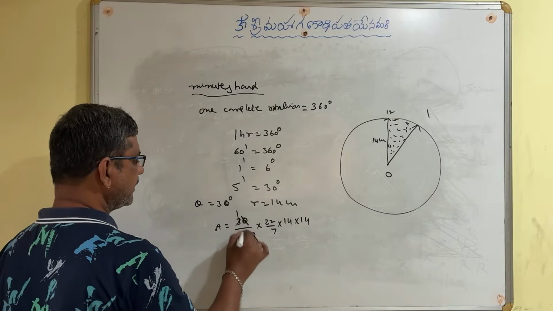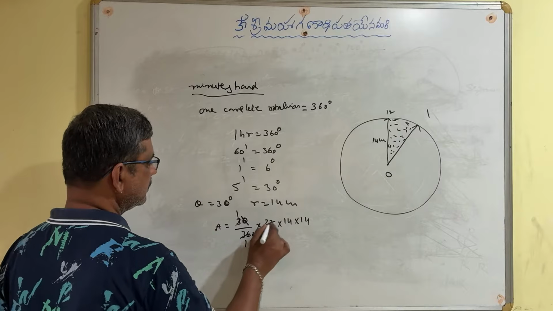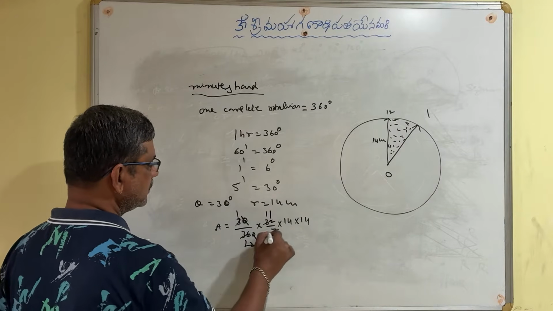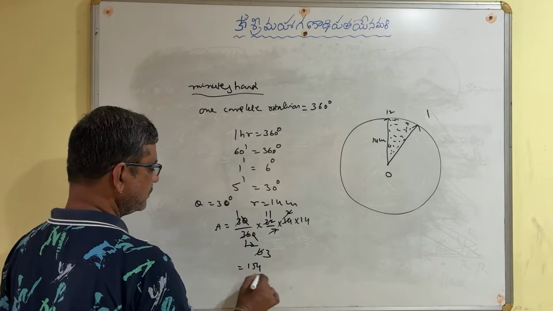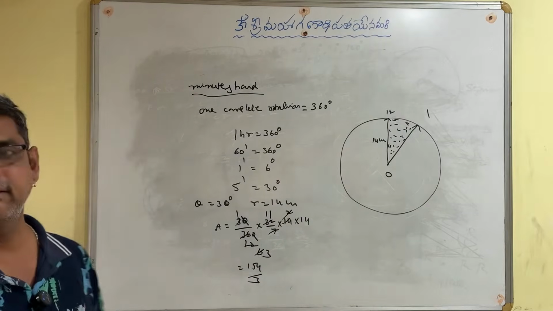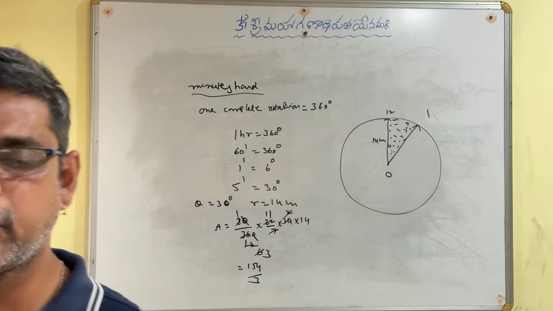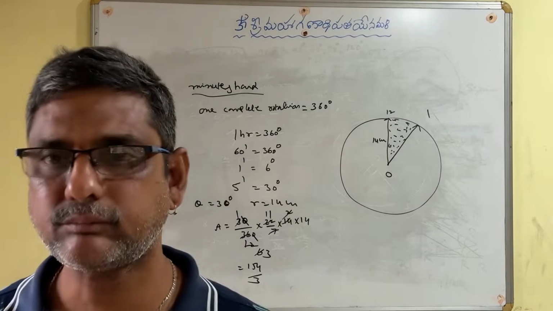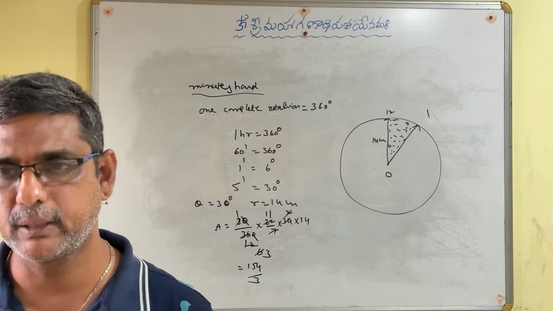The zeros cancel, 3 ones are 3, 12 threes are 36. 2 elevens, 2 sixes, 7 twos are 14. Yes, 154/3 centimeter square. Take a screenshot of this question. Very good question.